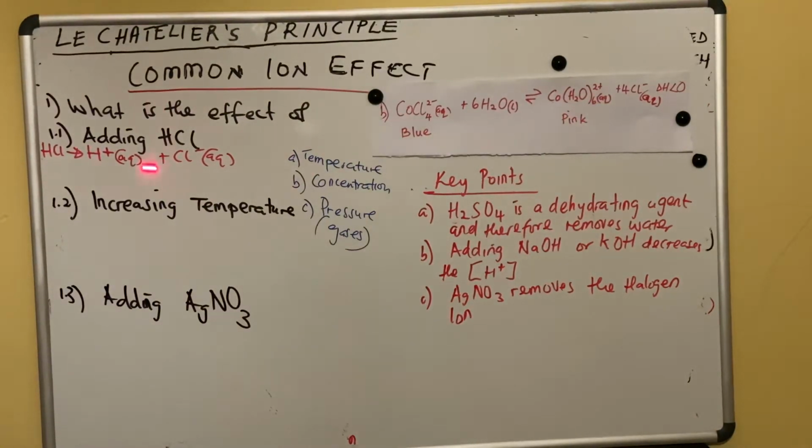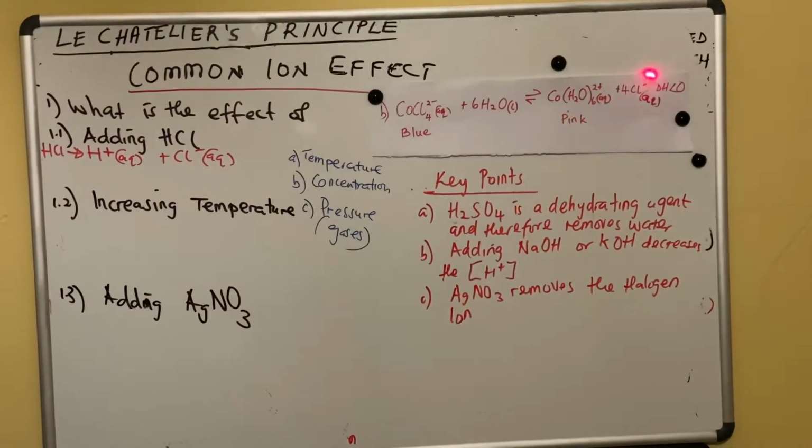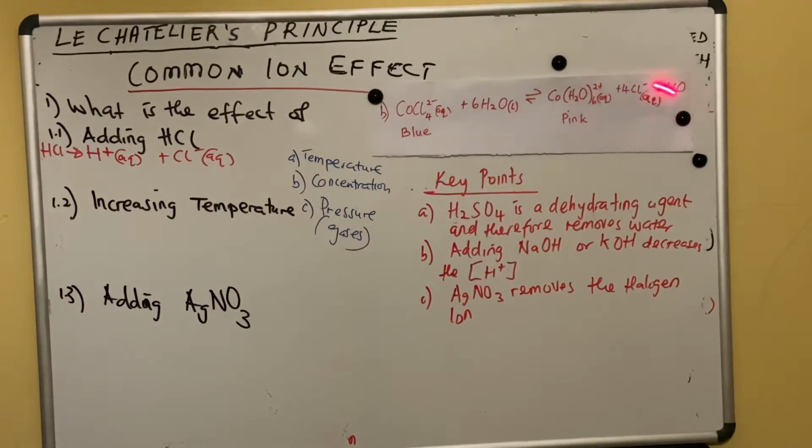We are not concerned about the pressure. So here we have to ask ourselves, when we add hydrochloric acid, what exactly are we doing? We are increasing the concentration of chloride ions in the solution. So we are playing around with concentration there. It is not pressure, it is not temperature. We are changing the concentration. So when we increase the concentration of chloride ions, the system is going to oppose.